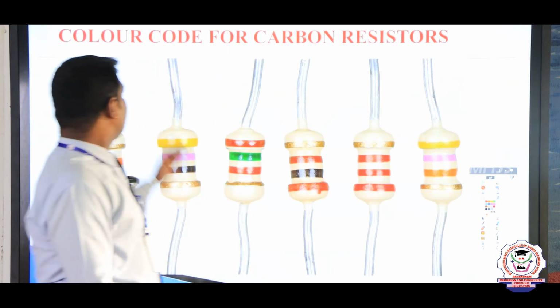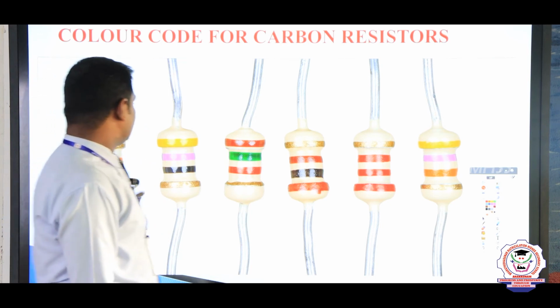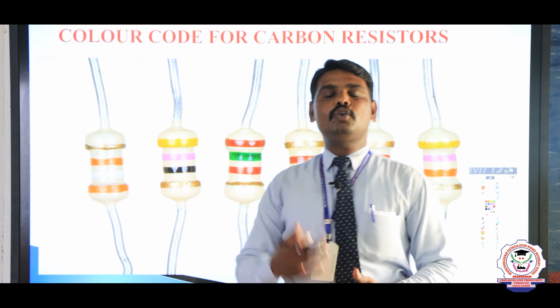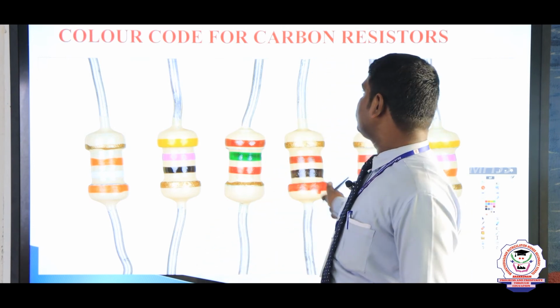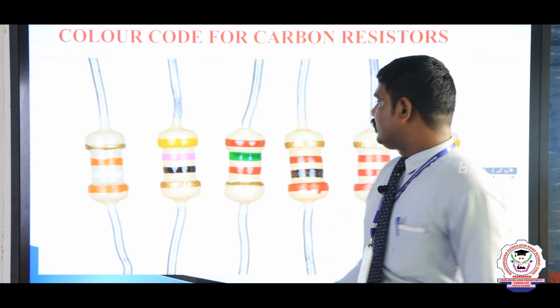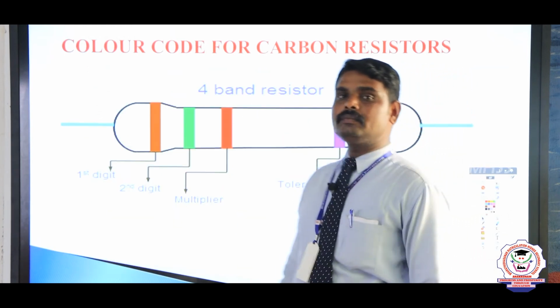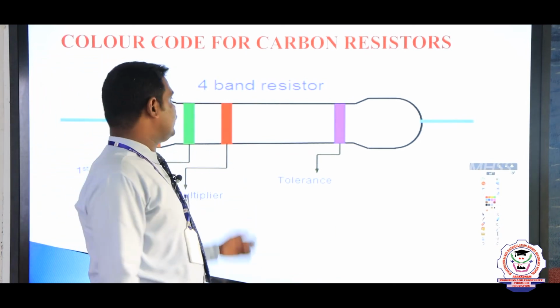Next, color codes for the carbon resistor. This is nothing but the resistors. We have to find the value of the resistor by using the color code. In the resistors, some colors are given.